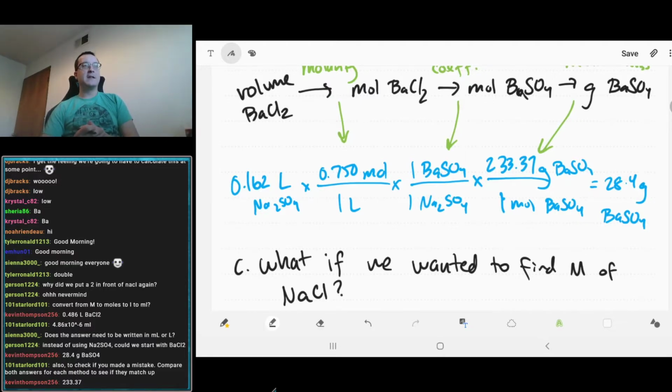Okay. So, what if we wanted to find the molarity of sodium chloride? We could do that.